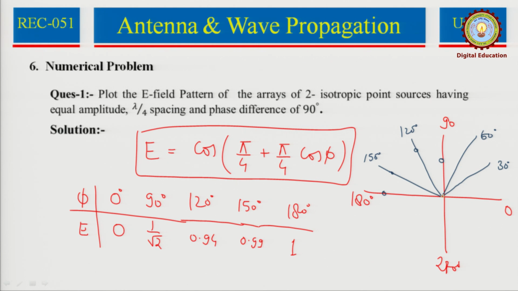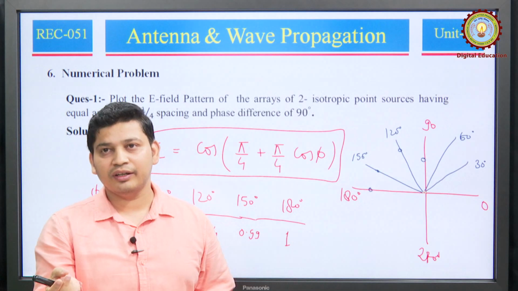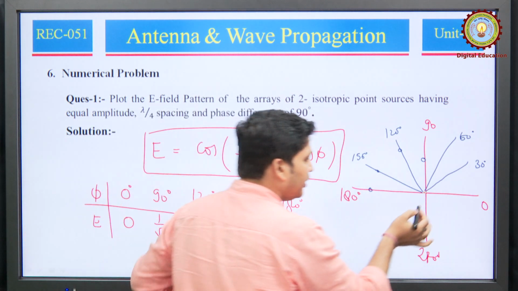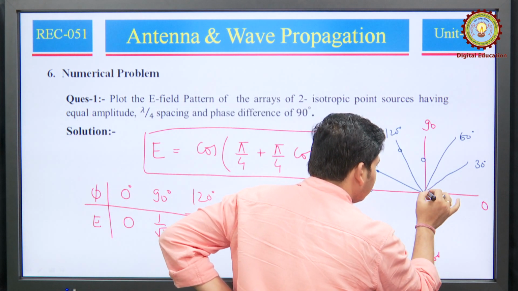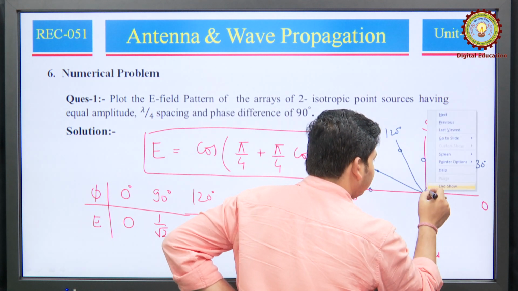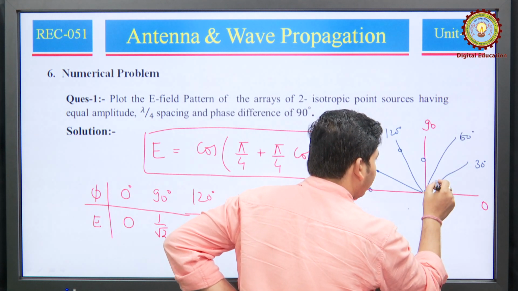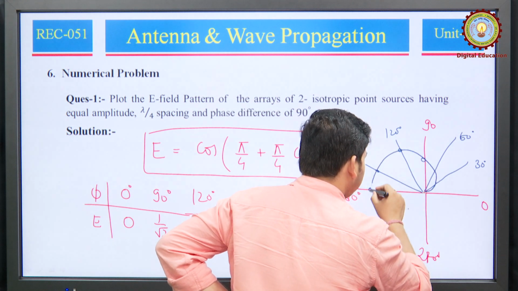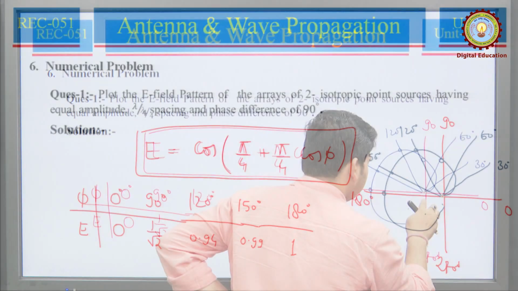Just match it up. If you draw or calculate the value of 30 degree, you find it is close to 0.1 or 0.15. Okay. So, you can do the calculation part. I am plotting over here directly. So, at 0 degree I have 0 value.